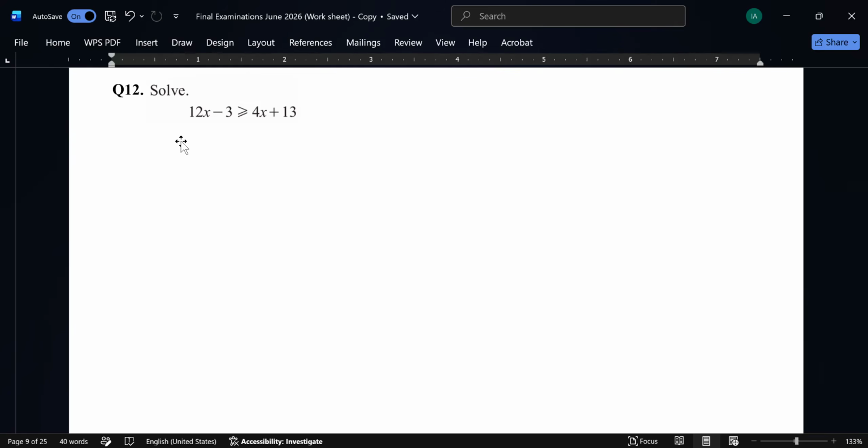So that is why I decided to bring 4x on the left and 3 on the right. This is going to be 8x and this is going to be 16. Let's make x the subject, moving 8 to the right. Yes, so x is greater than or equal to 2.